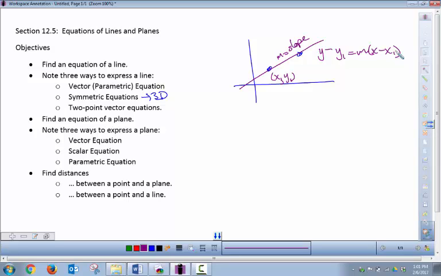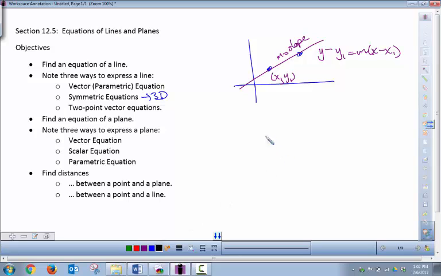What we're going to do is try to find the equation of a line using vectors instead. What we can try to understand is the idea that a vector in standard position is something that starts from 0 and points at a point, right?